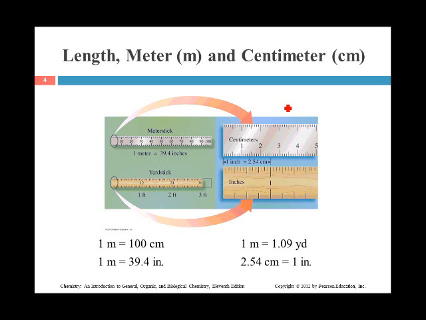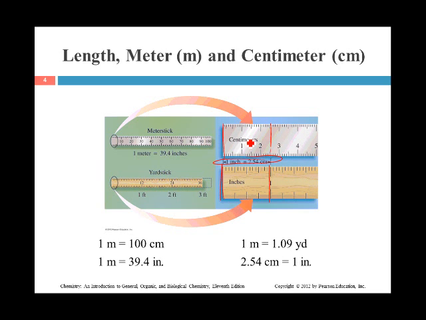Now we're going to talk about how they relate. For instance, here's 1 inch on a ruler. Just because it's measured in centimeters up here doesn't mean the actual distance has changed. There is a bit of a difference between both the metric and the English.